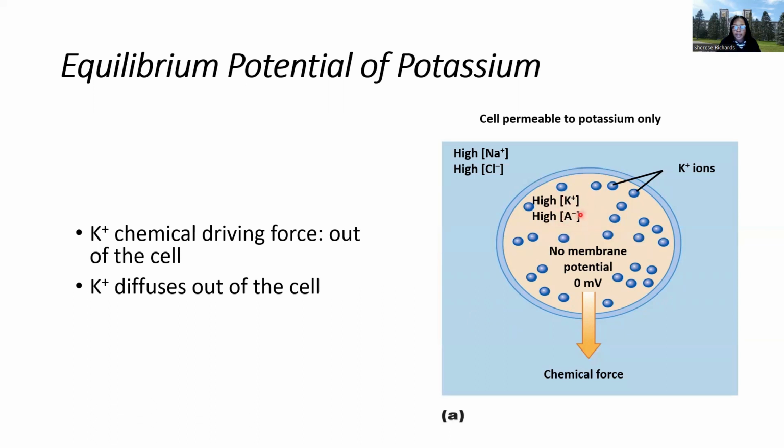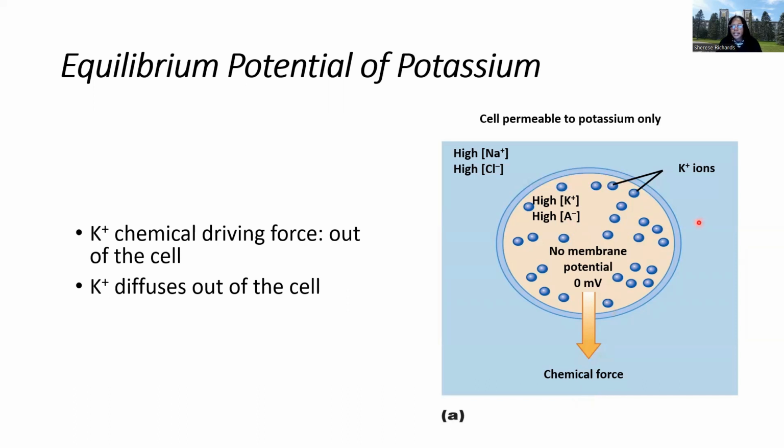Here are the organic anions that are balancing out the potassiums on the inside of the cell. So potassium can be pumped into the cell actively, but then it's going to passively diffuse or leak out of the cell. And so the concentration gradient allows potassium to move from the inside of the cell to the outside of the cell, down that concentration gradient.